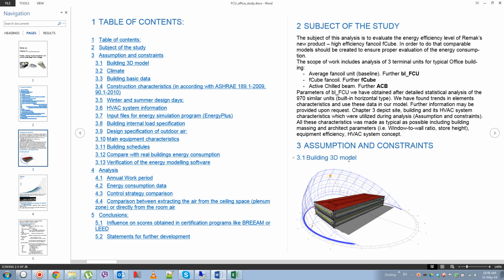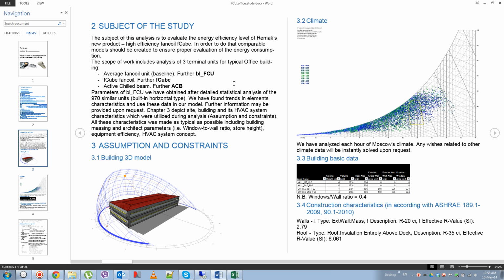So we assume a simplistic 3D model, 3D geometry of an office building with window-to-wall ratio at 40%. Also, in order to highlight the advantages of these different types of terminal units like active chilled beam or fan coils, we split the analysis into two categories. A category with variable fresh air volume and constant fresh air volume, like in general good practice.